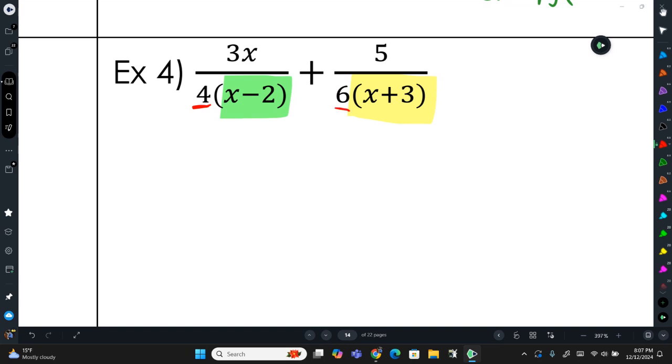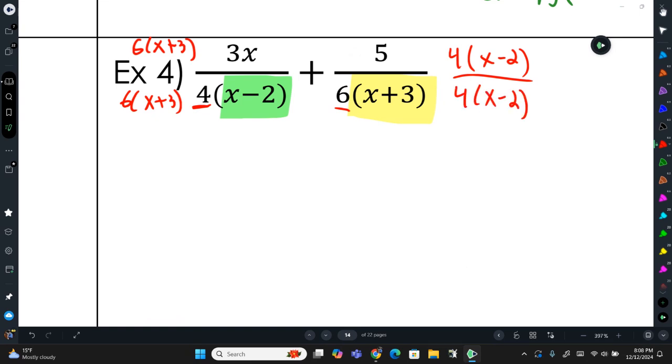So instead of multiplying the first one by just x plus 3, I'm going to multiply it by 6 times x plus 3 over 6 times x plus 3. And then the second one, I'm going to multiply by 4 times x minus 2 over 4 times x minus 2.